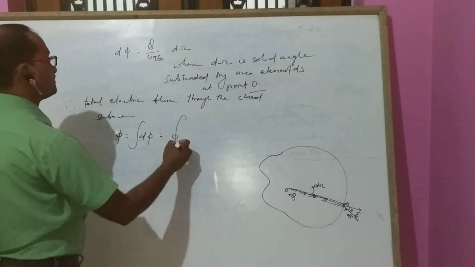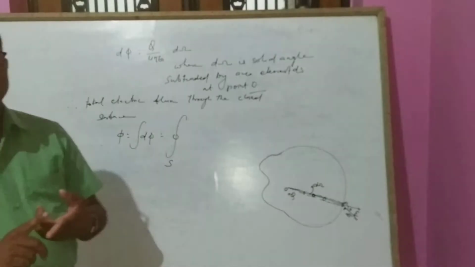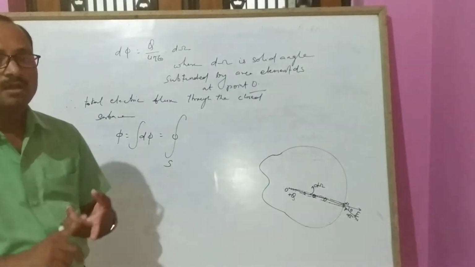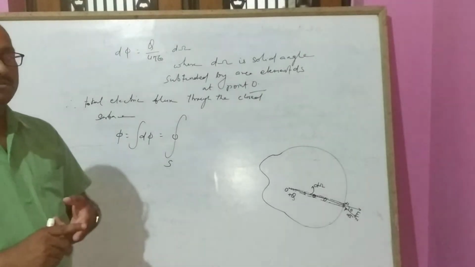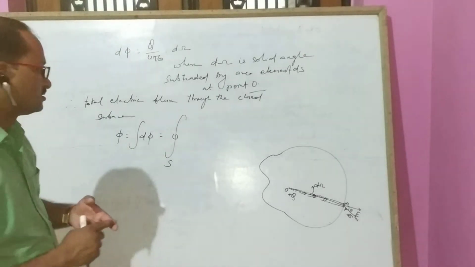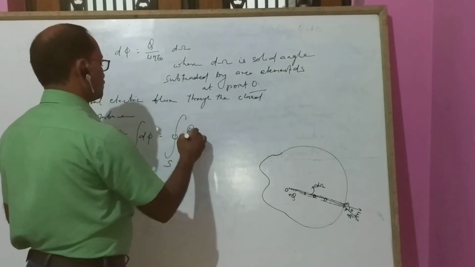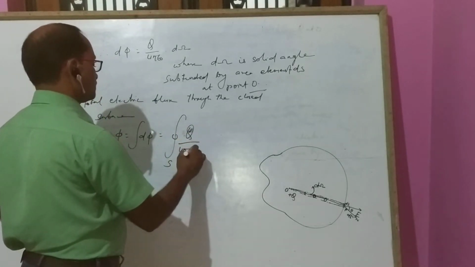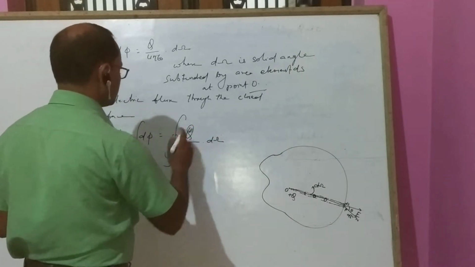Here I have taken a surface integral. Integration is of three types: line integral, surface integral, and volume integral. If the integral is taken over a surface, it is called a surface integral. This equals Q by 4 pi epsilon naught into d omega. Q and 4 pi epsilon naught are all constants.